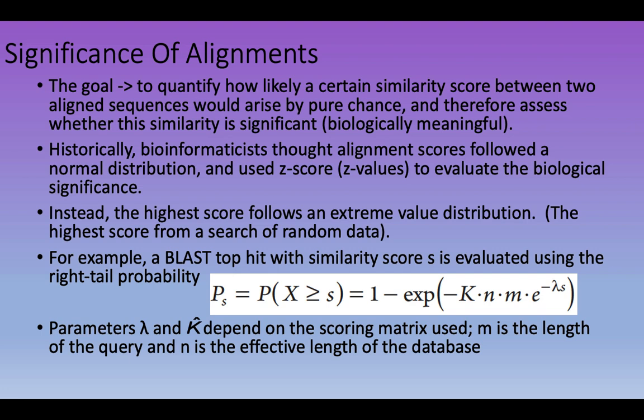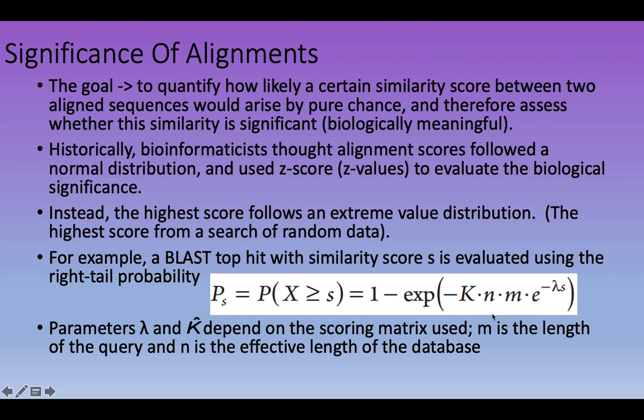And so the equation that we see is just slightly converted. This k hat is now going to be weighted by the length of the query, so how long your sequence is, and the number of items that we might find in our database.